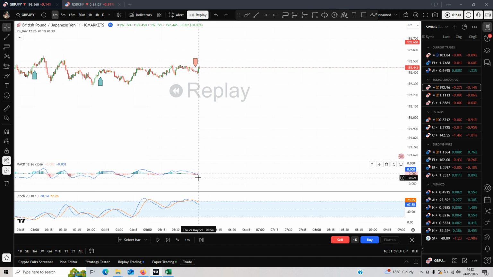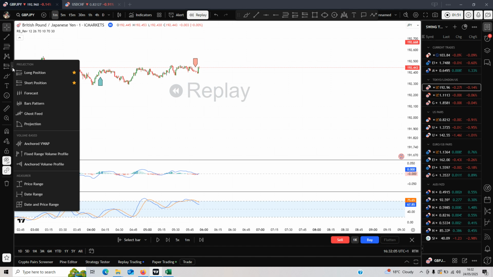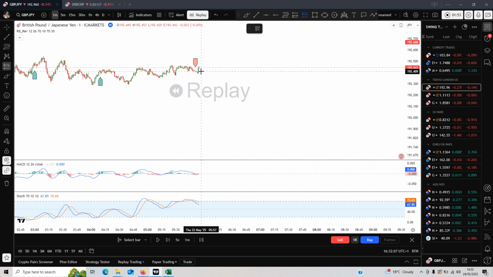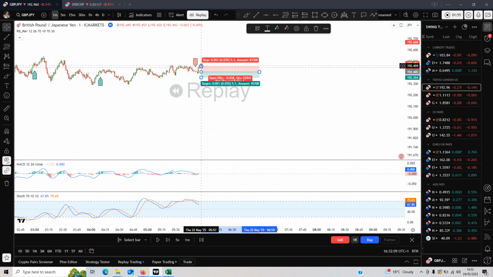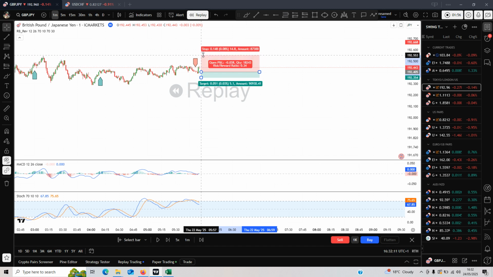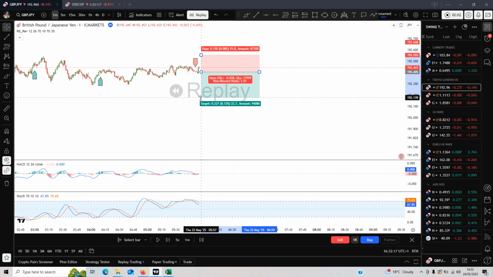I probably wouldn't take this trade, so I'm going to put the short position on. I'm going to put a 15 pip stop loss, and we're going to go for a 1 to 1.5.